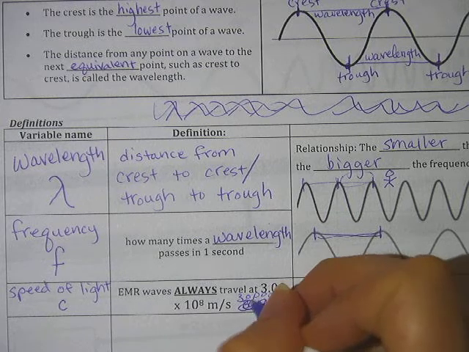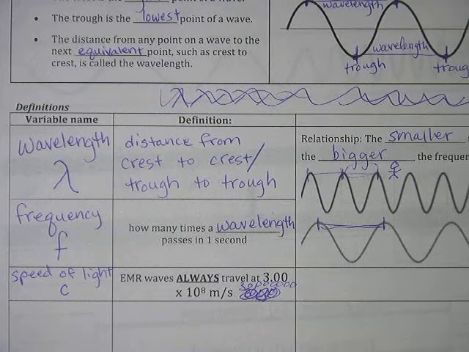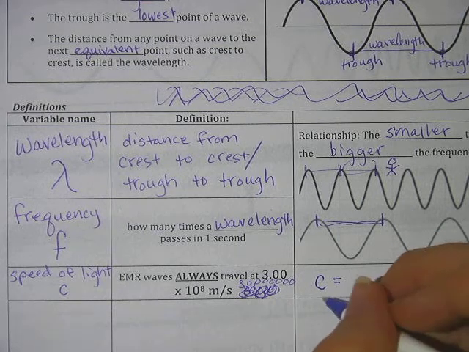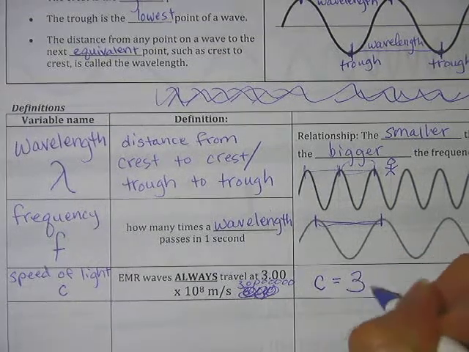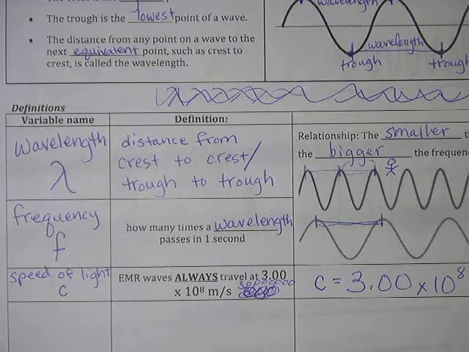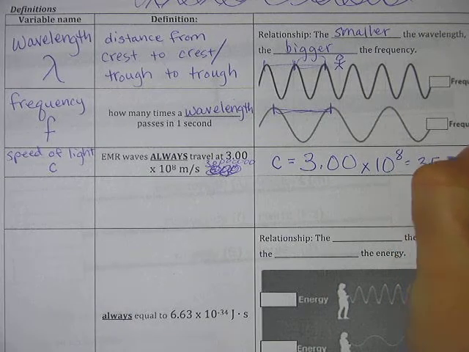Basically, we're going to find that c is a constant. The speed of light is a constant. That's why we chose c, because it's a constant. It is always going to equal 3 times 10 to the 8th. Every time you need to plug in c to an equation, you're going to plug in that same number, 3 times 10 to the 8th. Or in your calculator, you would type it 3e8.